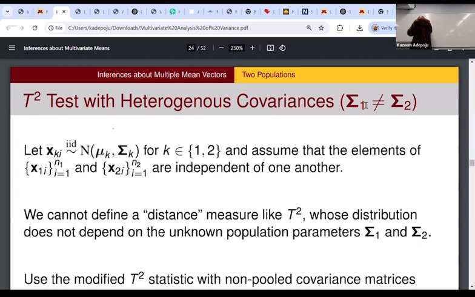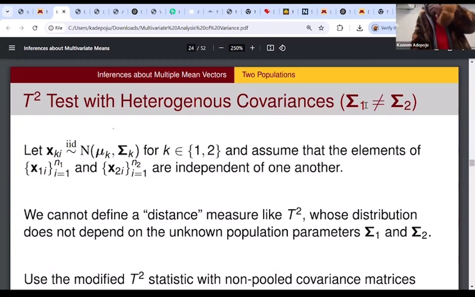Number two is the permutation test. Number three is MANOVA with Wilks' lambda. We're still going to talk about this. It is an alternative test when the two covariances are not the same. But when the two covariances are the same, then we go with the pooled variance one.